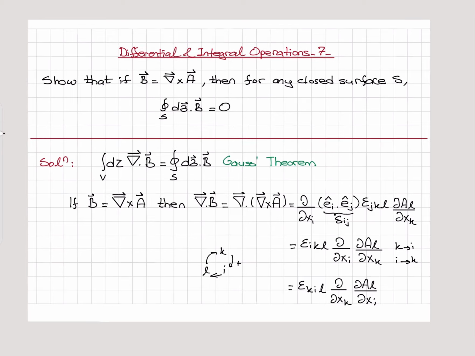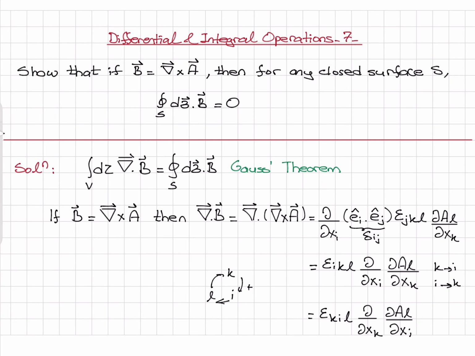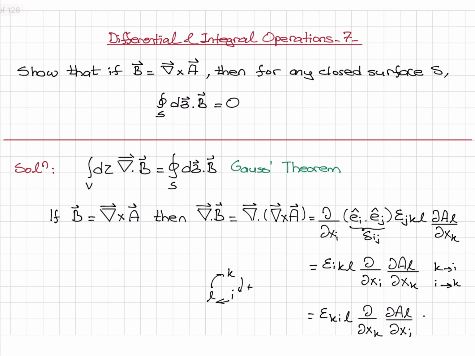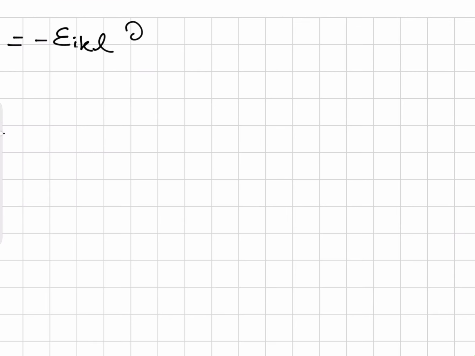So this would be equal to, let's copy it here, minus epsilon ikl, and I have del xk del Al del xi.